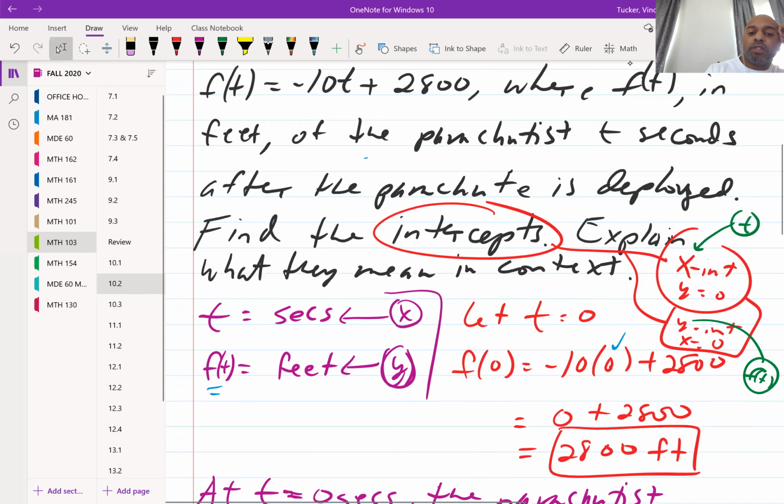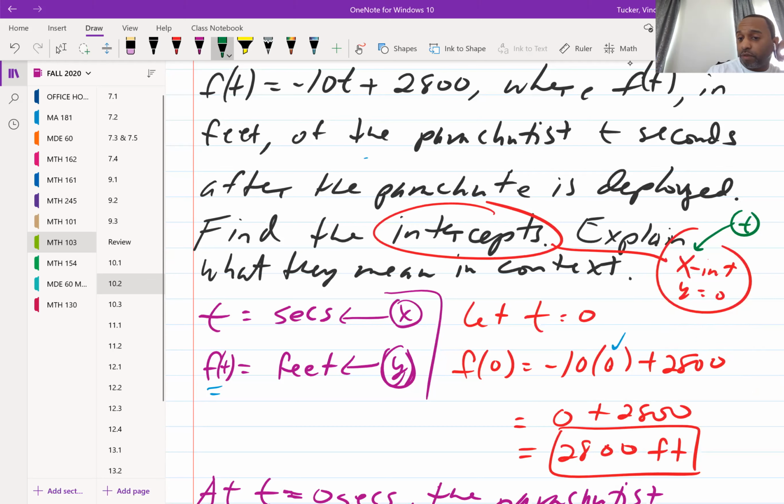So first off, we start by letting t be equal to 0. We just plug in 0 into the function, and we have 2,800 feet.